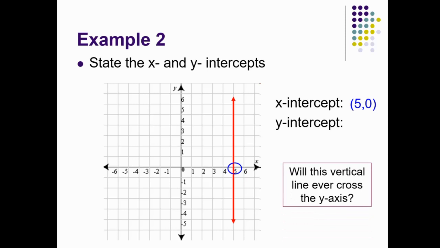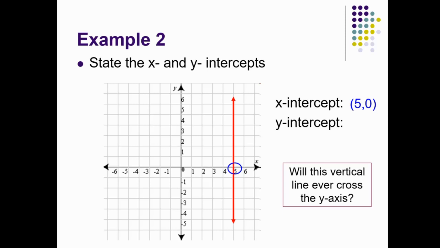Our y-intercept, the question is, will this vertical line ever cross the y-axis? It will never cross the y-axis because it's not slanted. It's just vertically straight, meaning that it will go up and down forever within the x value 5.